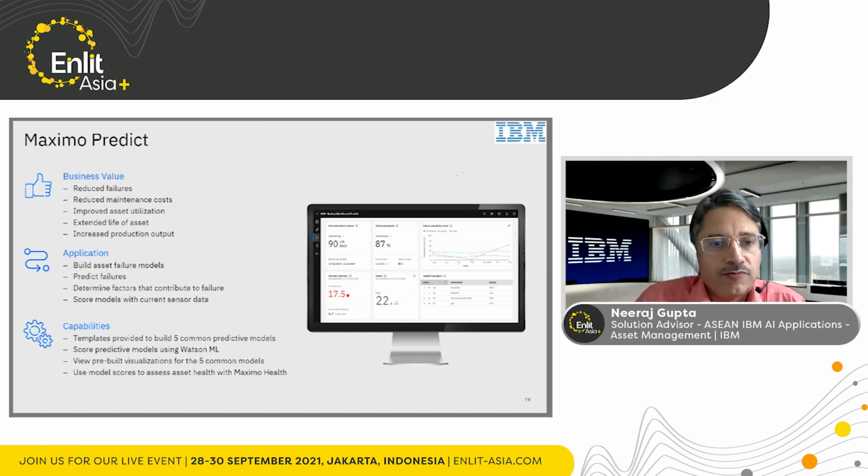There are 5 pre-built models that we provide with Maximo Predict, and I'll talk about those models as well. These models use Watson machine learning and some AI capabilities. And then you can also develop your own models or customize the models that we provide to suit your asset condition or your organization's requirement. So it helps us predict failure and then reduce those failures.